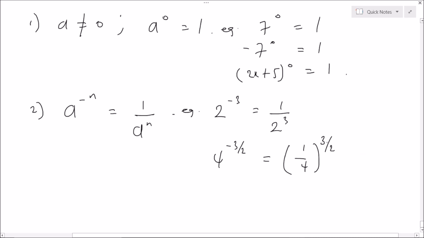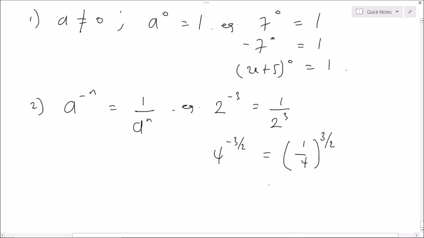That is, you try to remove the minus exponent first. Simplifying this gives us 1 exponent 3 over 2 all over 4 exponent 3 over 2.